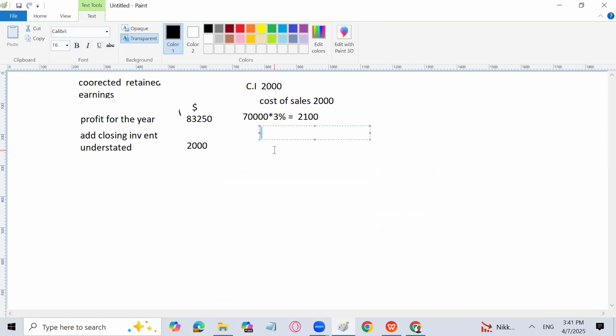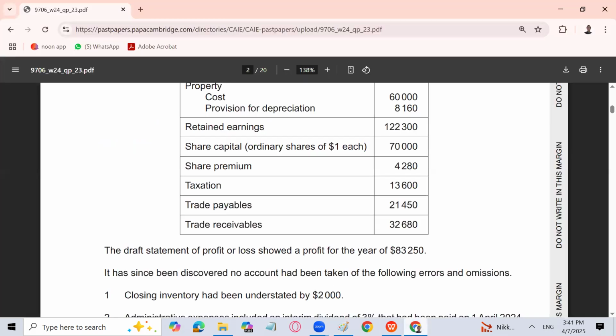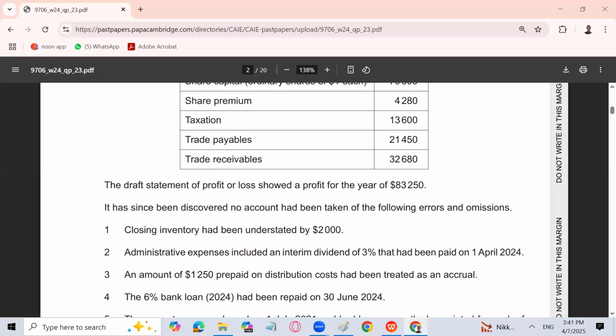So you will pass the entry: admin expenses is going to be credited, and retained earnings is going to be debited. Why, sir? Because a dividend payment is recorded in the admin expenses. It should not be part of admin expenses. Dividends are shown in the statement of changes in equity, deducted from retained earnings. So retained earnings is debited and admin expenses is credited, with 2,100, which we have already calculated.